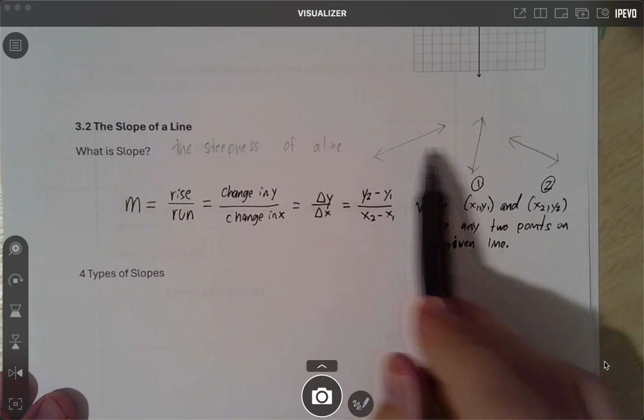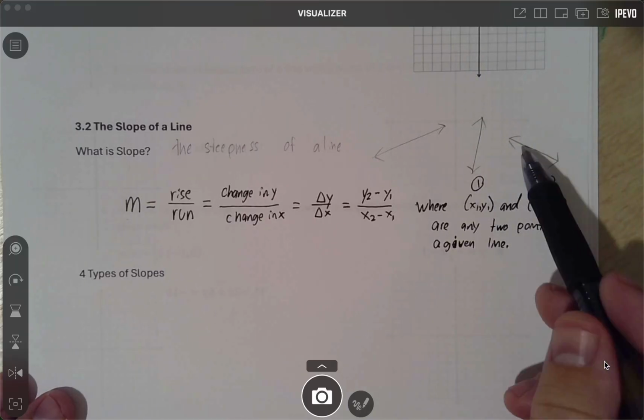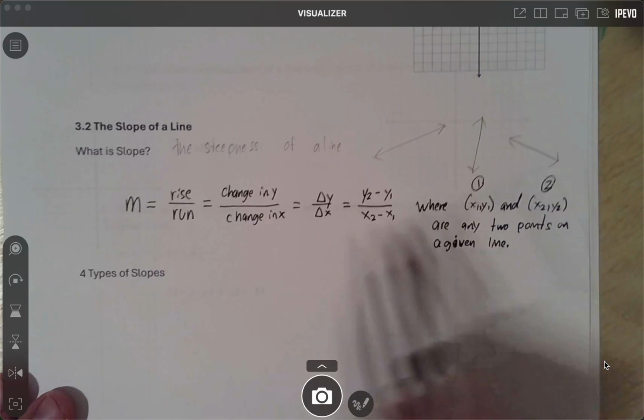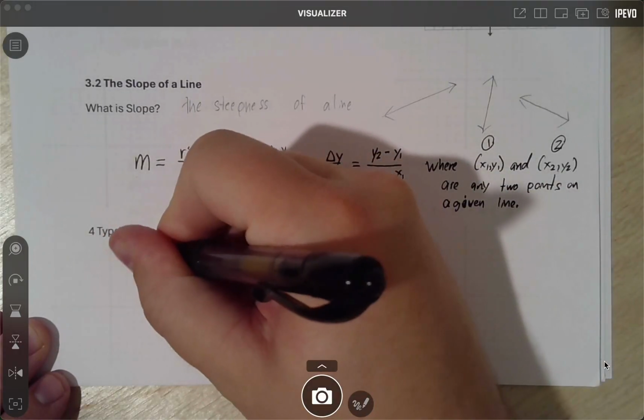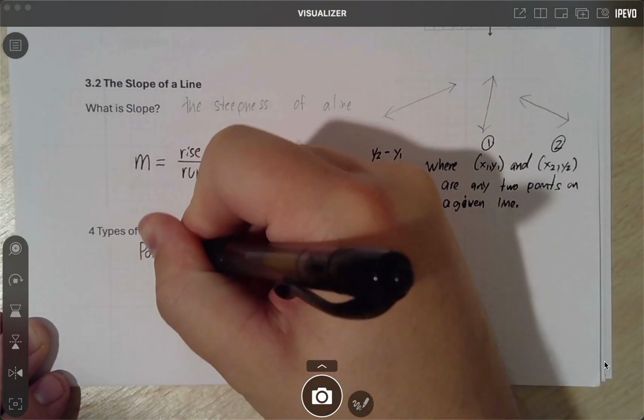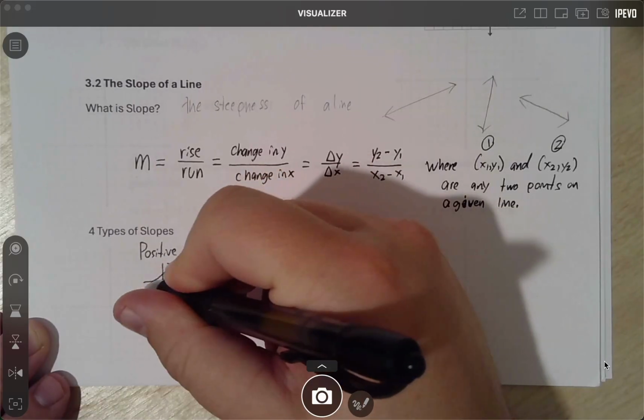Now, I kind of drew out a few different slopes here. A positive slope, a very steep positive slope, and a negative slope. But now let's define those 4 types. So there's positive, which of course, if we had an xy axis, would look something like this.